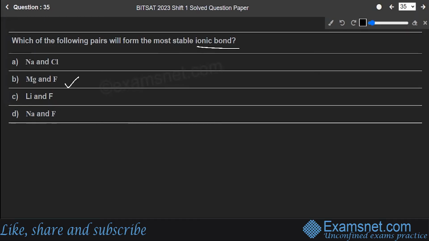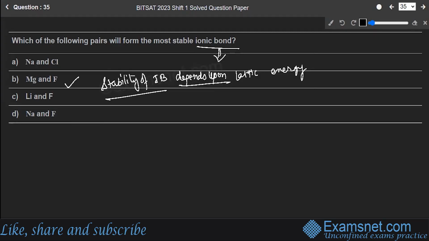See this, when I'm forming the ionic bonds, the stability of the ionic bond depends upon the lattice energy, which is expected to be more between magnesium and fluorine due to +2 charge on the magnesium atom. So you have B option as the right answer.